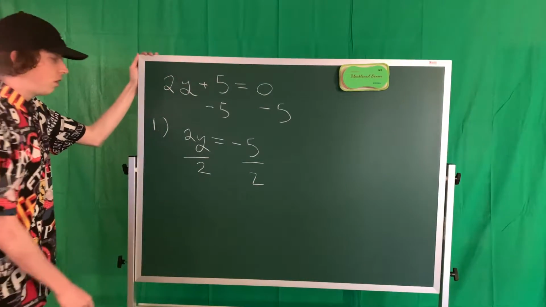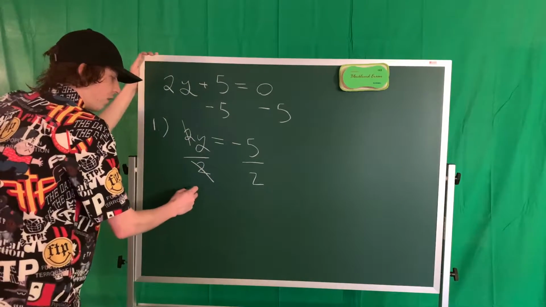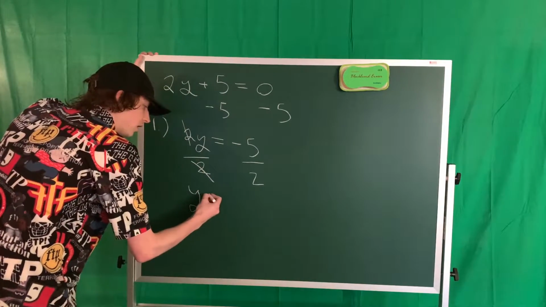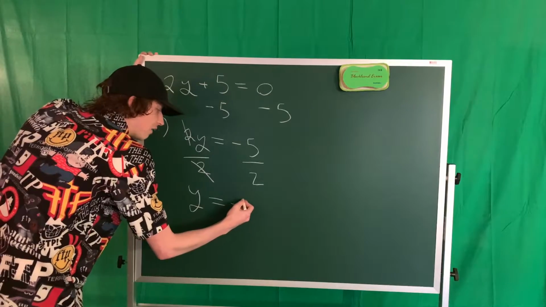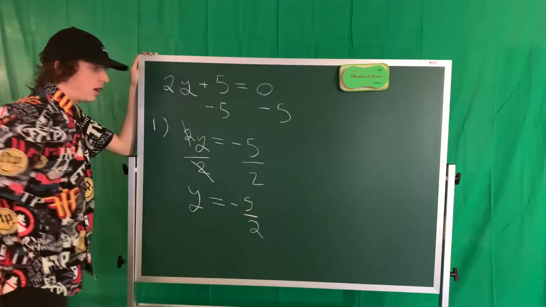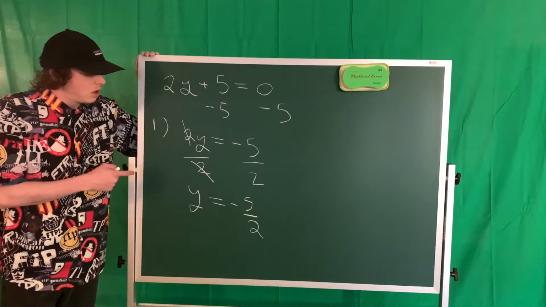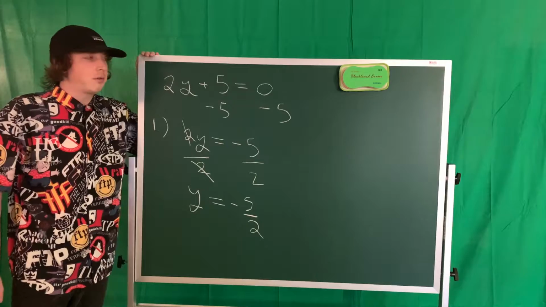From there, these 2's cancel out, and we have y is equal to -5/2.